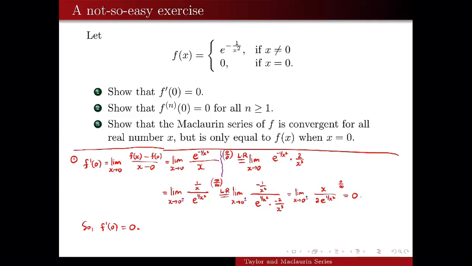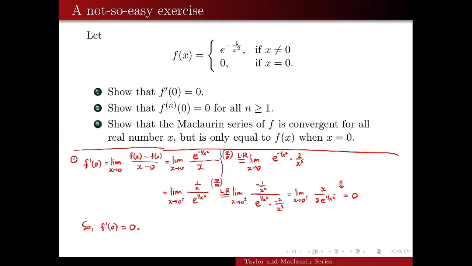The second part, we need to get the nth derivative of f evaluated at 0. That will need a lot of work, to be honest. What you can do, actually, that's the same way that you will do here.